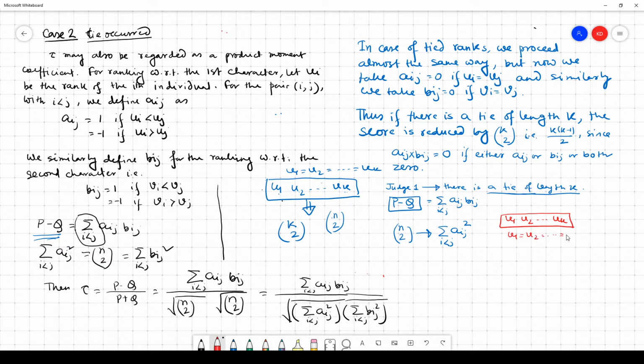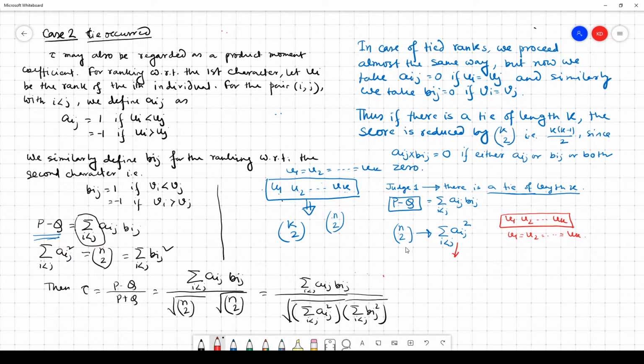That means u1 equals u2 equals uk. So obviously the summation i less than j should not be nC2.